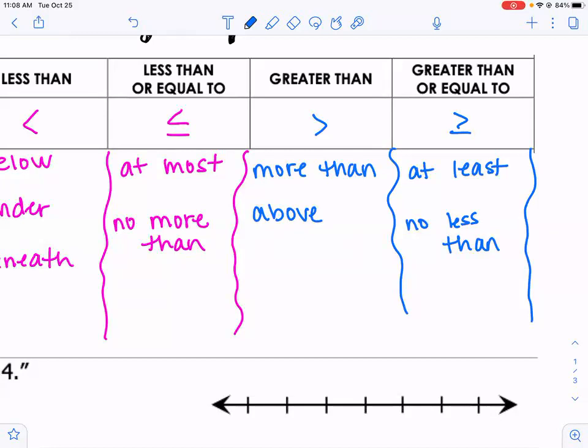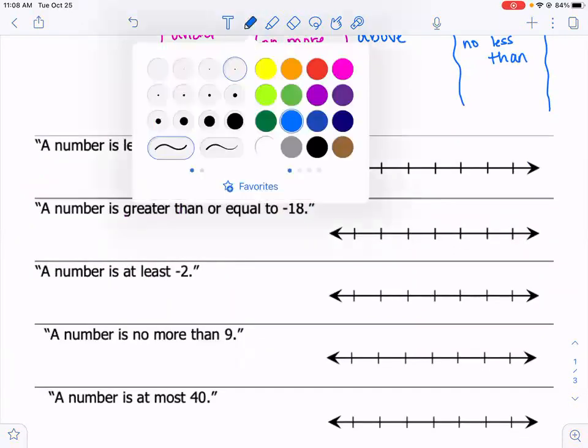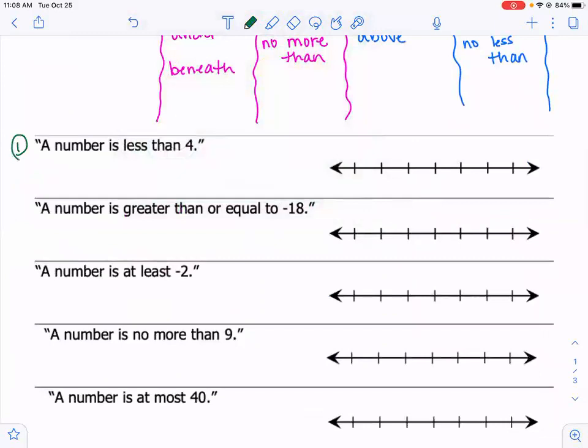Okay, so, I really feel that you can write me the inequality for number 1 and number 2. I want you to go ahead and do that for me. Write the inequality for number 1 and number 2.